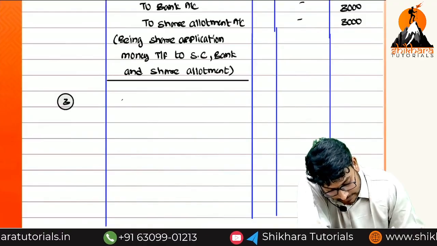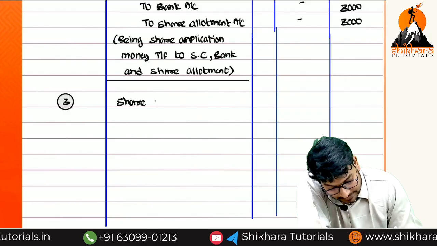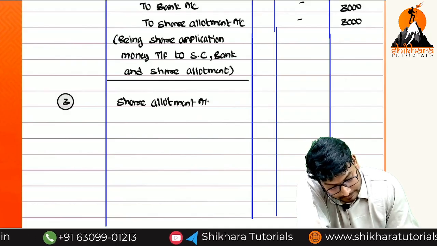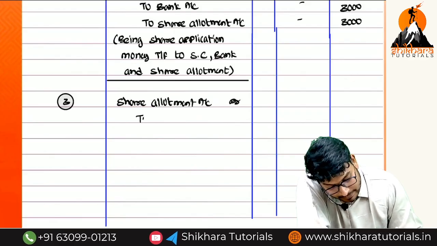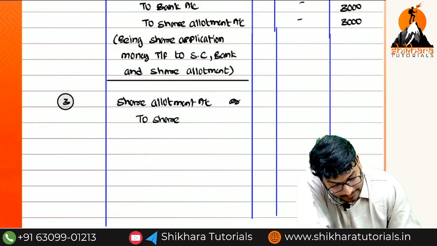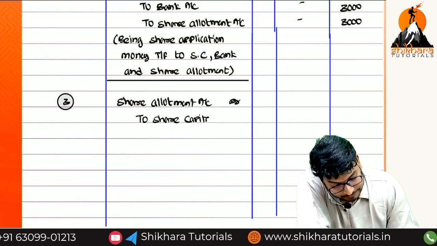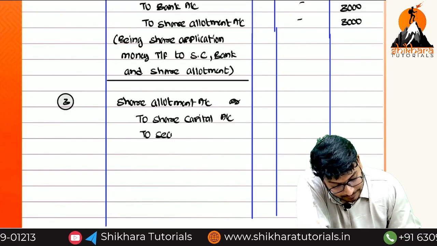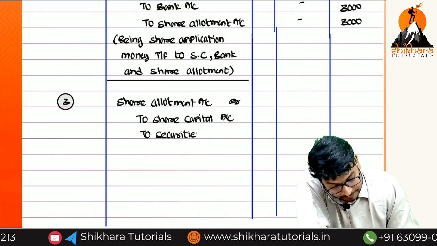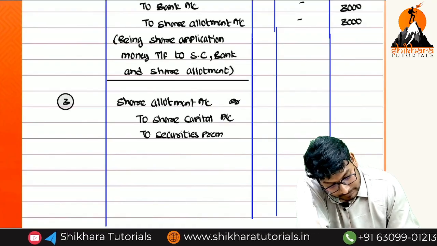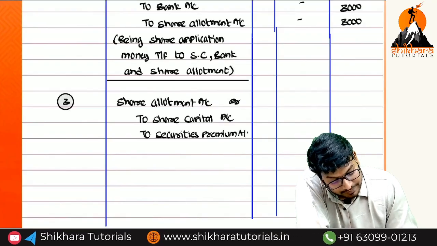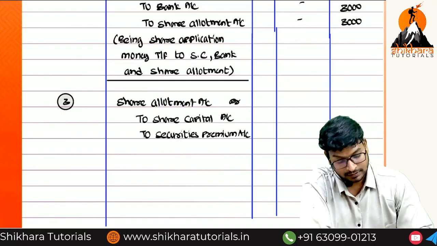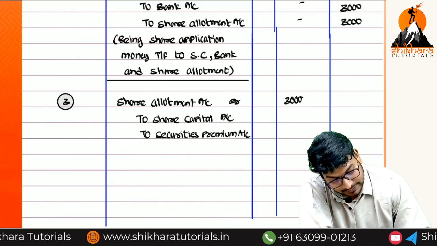Share allotment account debit to share capital account and to securities premium account. Okay, what is the total amount? The total amount is equal to 30,000.